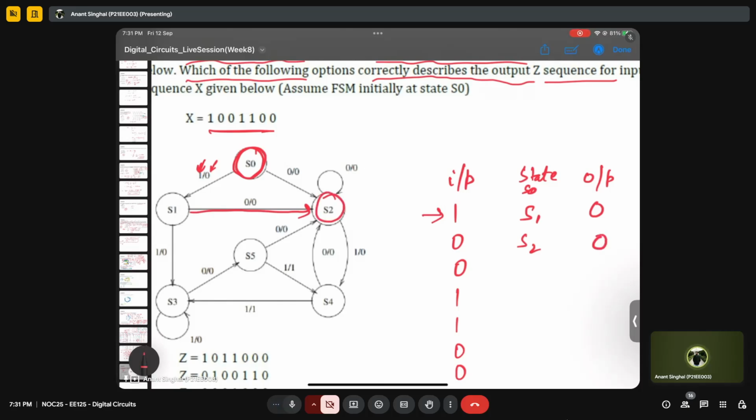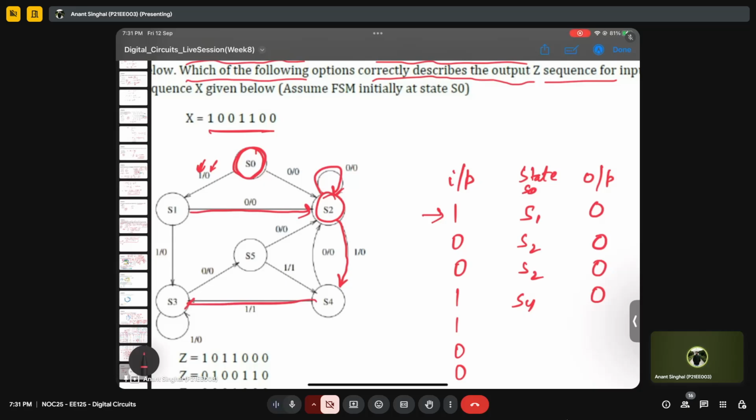Now it is at S2, the input is 0, so which is this line. So the output is still 0 and it is still at S2. Now the input becomes 1, which is this line. So it goes to S4 and the output is 0. Now it is at S4, the input is 1.